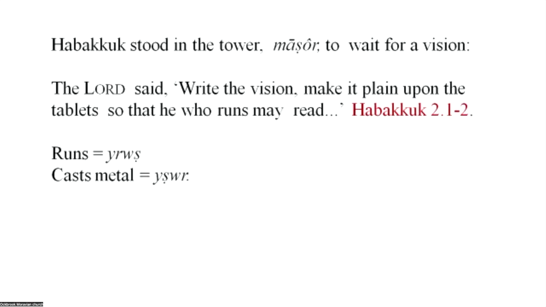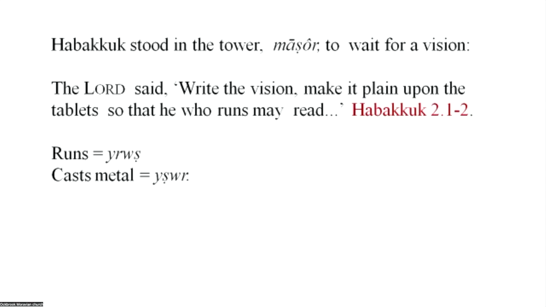Now, that is a most extraordinary thing. What on earth does it mean? So that he who runs may read, Habakkuk chapter 2. Runs in Hebrew is spelt, again, I'll Romanize the letters, Y-R-W-S. Cast metal is Y-S-W-R.